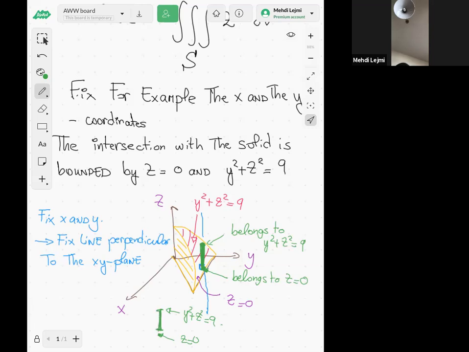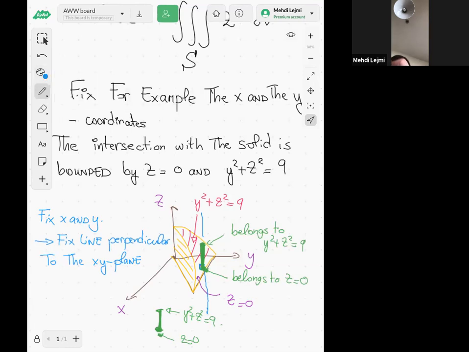So now I have to check the bottom of this green segment. It's a point, of course, but this point in the bottom would belong to z equals 0, and the point in the top would belong to the cylinder, y squared plus z squared equals 9. And this is true for any generic vertical line, right?